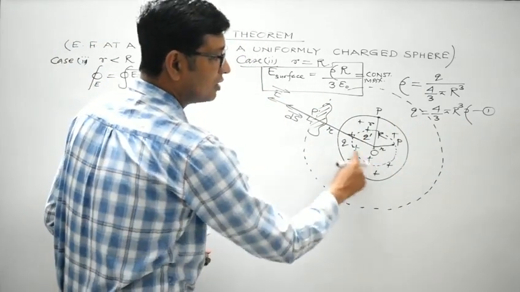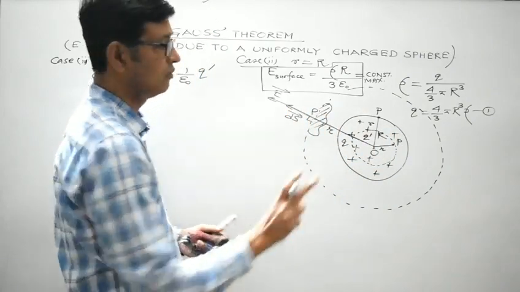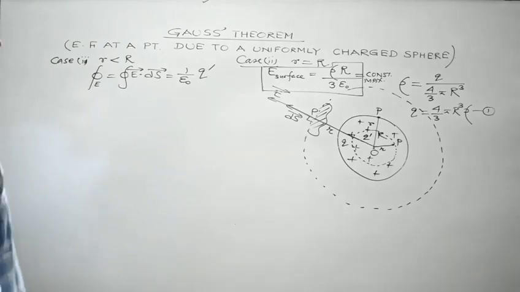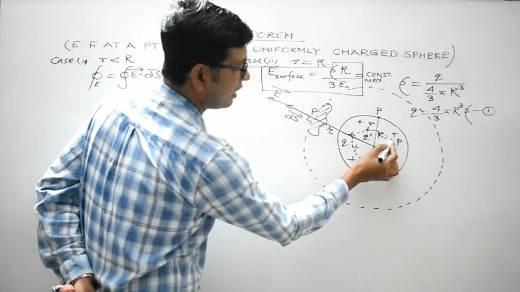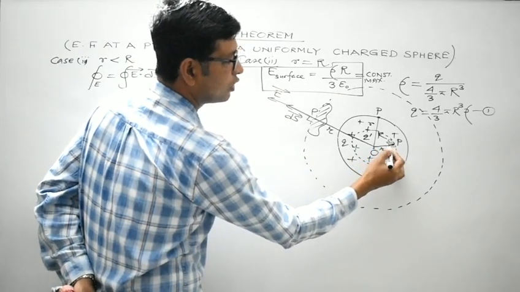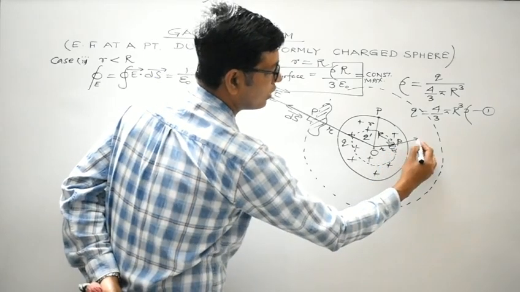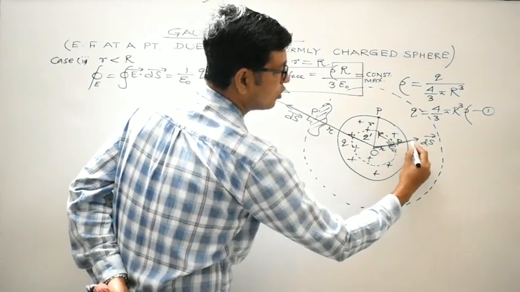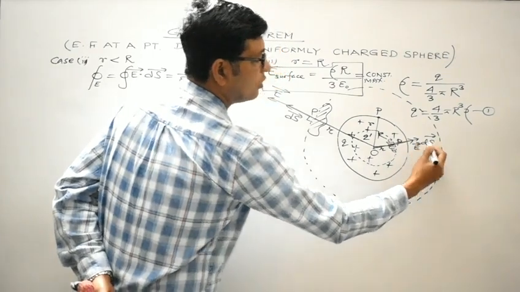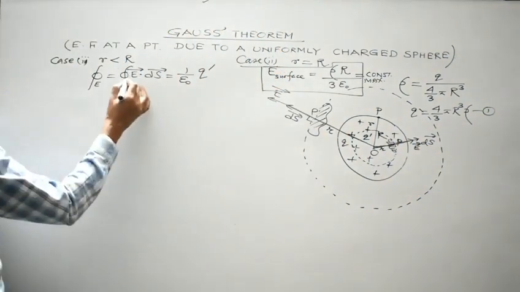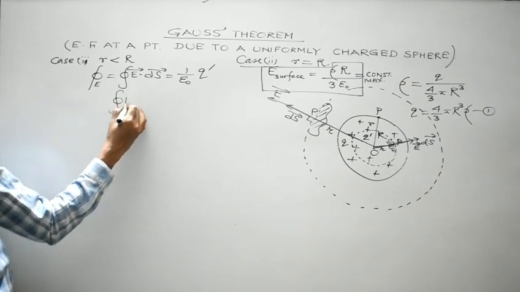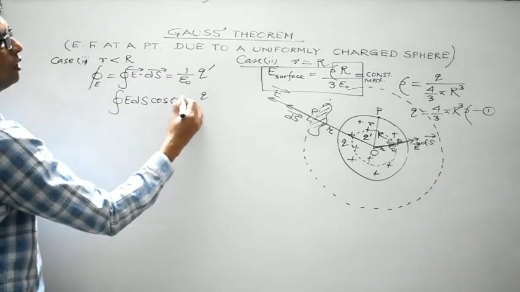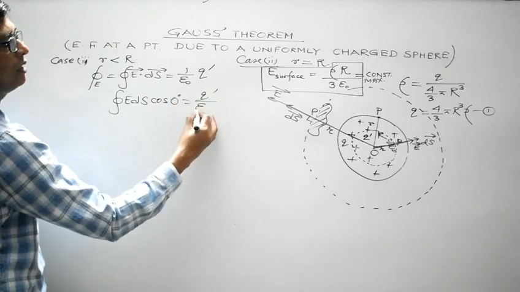So this Gaussian surface will be enclosing some charge, which is considered to be Q dash over here, right? Now ds is again the area vector of the Gaussian surface, which will be in the radially outward direction. Electric field due to the positive charge will also be in the radially outward direction. So again the angle between these two is 0 degree, isn't it? So cos 0 is 1, so we will get the integral of E ds cos 0 equal to Q dash divided by epsilon.